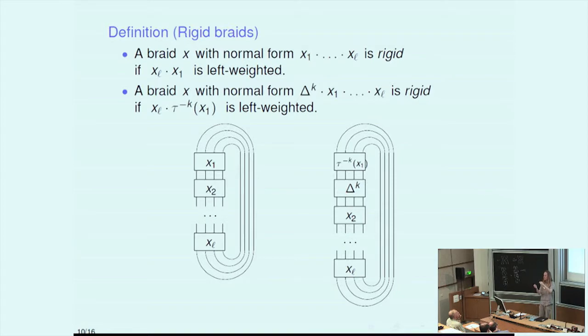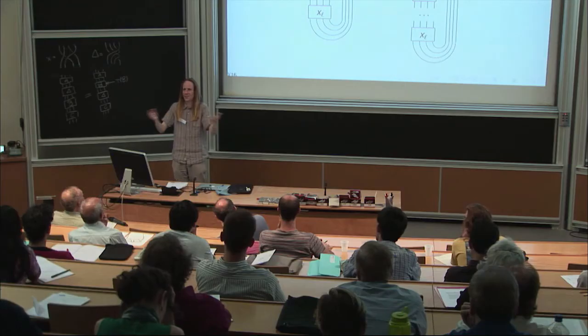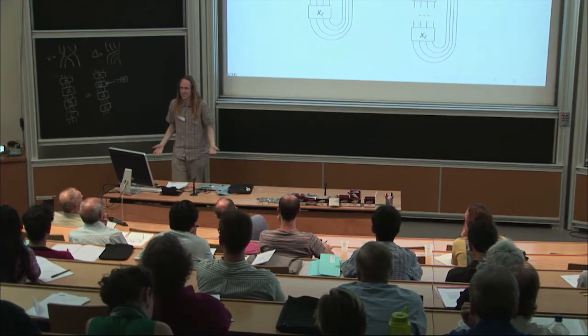That is, if you close up the braid, you get a braid which is in normal form everywhere, left weighted everywhere. If you have a factor delta to the k in the beginning, you first have to push the delta to the k out of the way so that it no longer sits between the last factor and the first factor. And then it's the same definition.